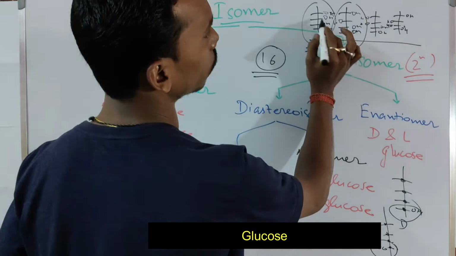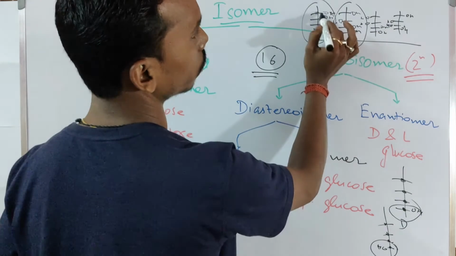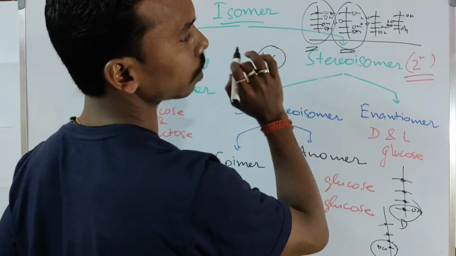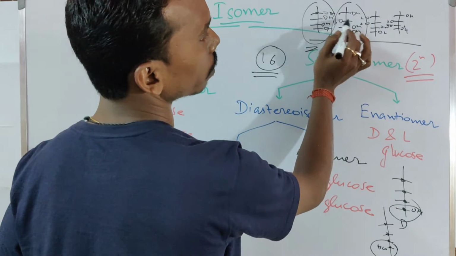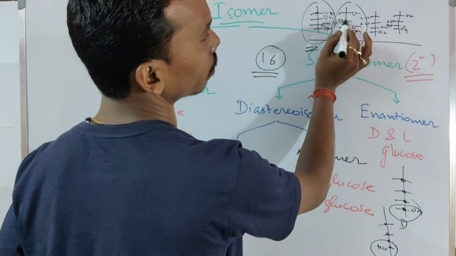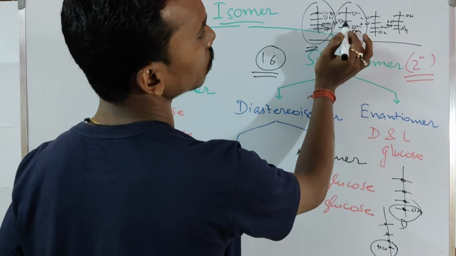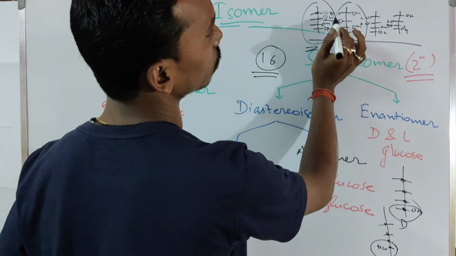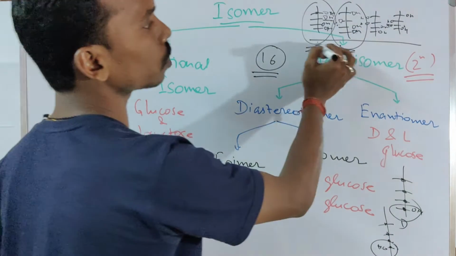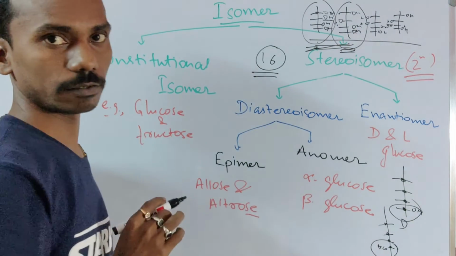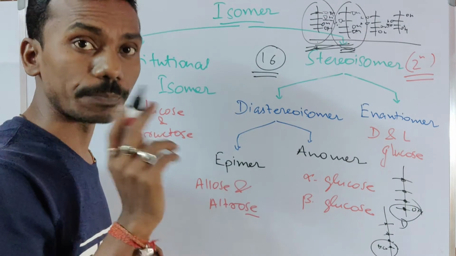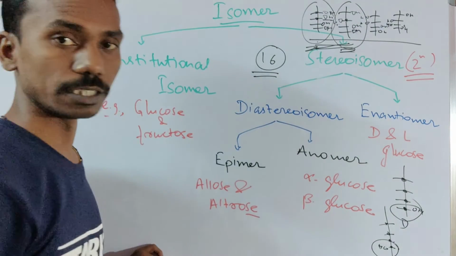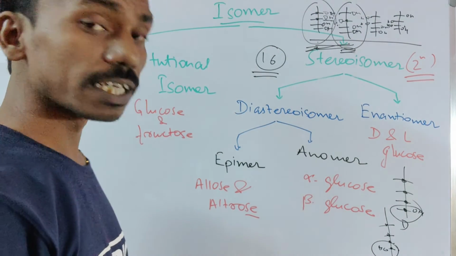Here at carbon number 2, the first chiral carbon, both compounds have OH on the right side. But at carbon number 3, the OH is on the left side in altrose, and in allose the OH is on the right side. So these two compounds are epimers of each other, and the epimeric carbon is carbon number 3.